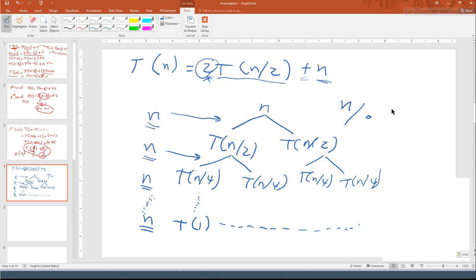Plus the second level, 2 to the power 1, so n divided by 2 to the power 1. Not minus, it is just counting the levels. Then after that, n divided by 2 to the power 2.